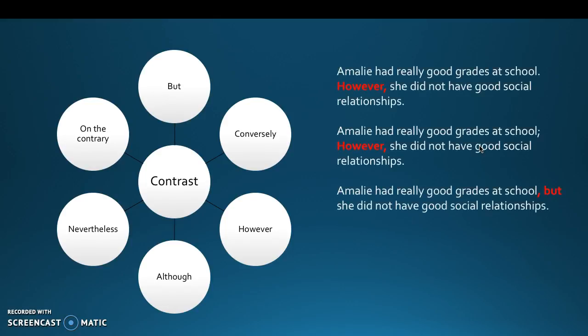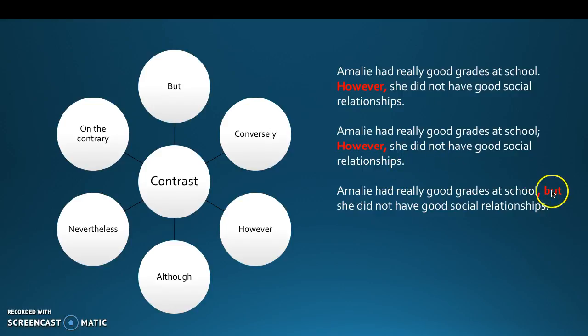So we have here the same example, but in the first one we are using however with a period before the word. And in this case, it's a semicolon, so you can use it in both ways. It doesn't matter if you put a period or a semicolon. And very important is to use the comma after however, okay?